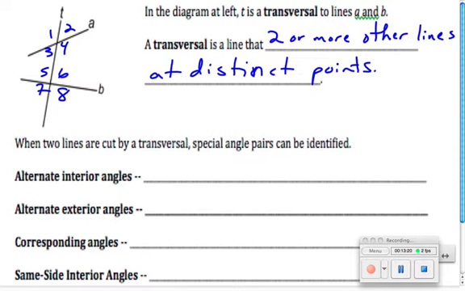So the first kind of special angle pair that I have up here is alternate interior angles. And I want you to get to the point where the names of these special angle pairs kind of give away where the angles are. So just based on the name, Eugene, you have a hunch? 5 and 4. Angles 5 and 4 will be alternate interior angles.